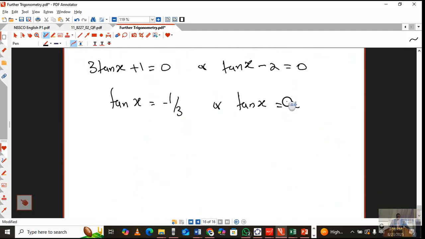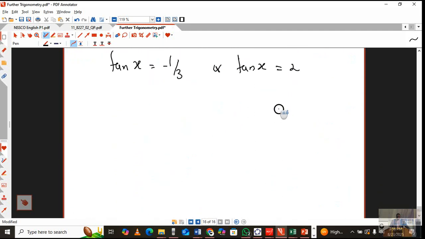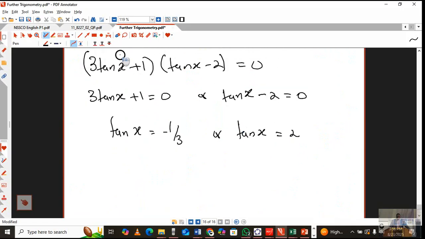Looking at the CAST diagram, the tangent is positive. I'm not going to consider the others because it's only from 0 up to 180. Make sure you calculate this in degrees mode.